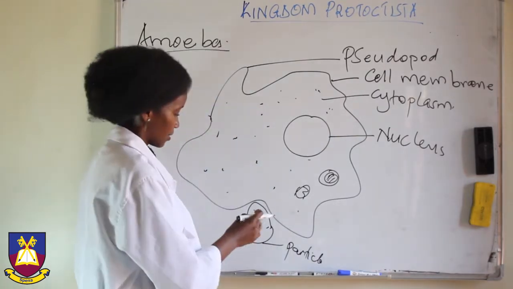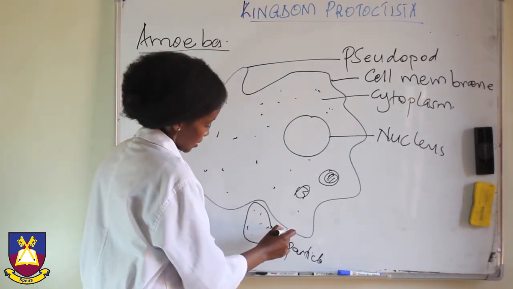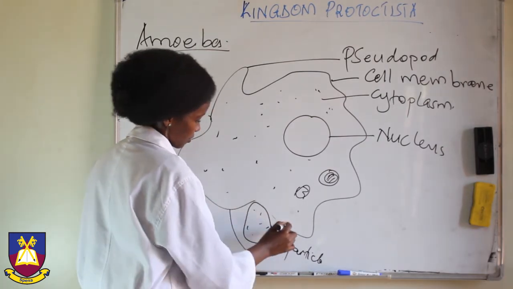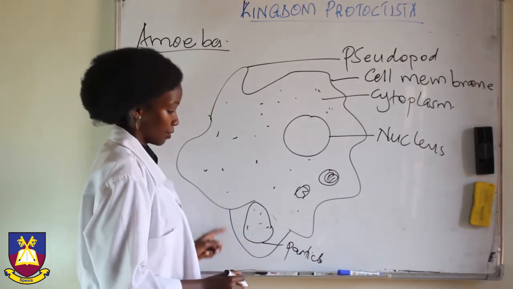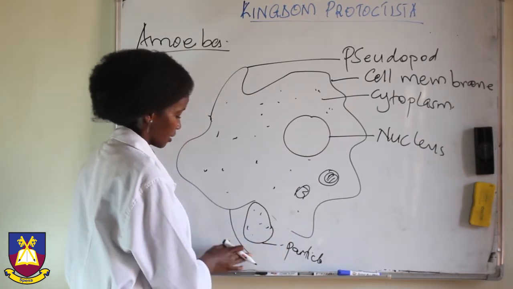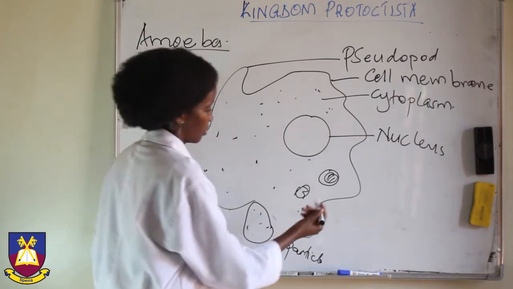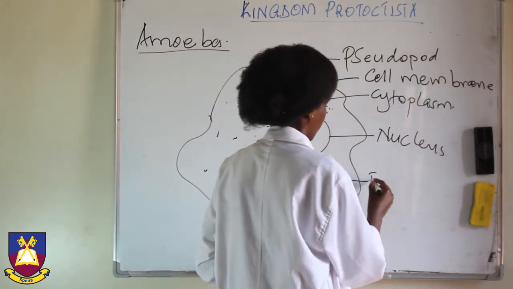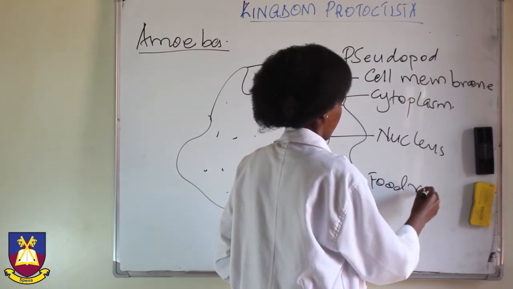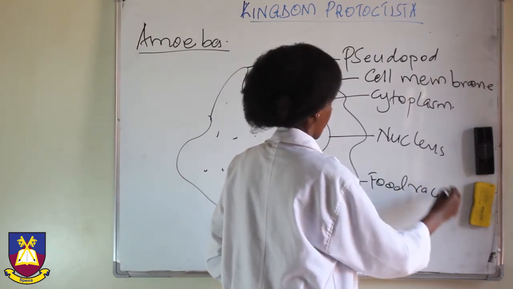Now, when it engulfs it in, this part of the cell membrane fuses with this one so that they close it in. And as it is closed in, it forms what we call the food vacuole.